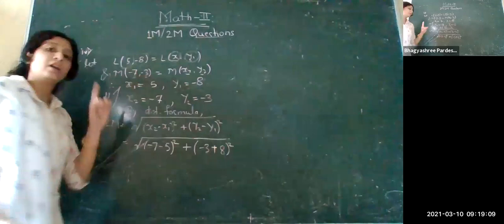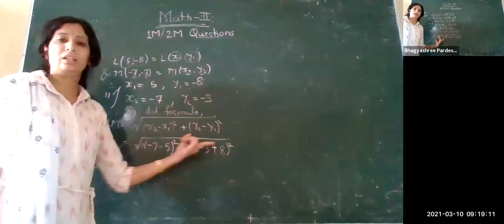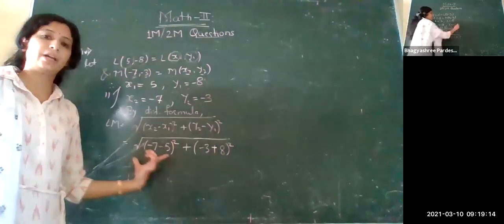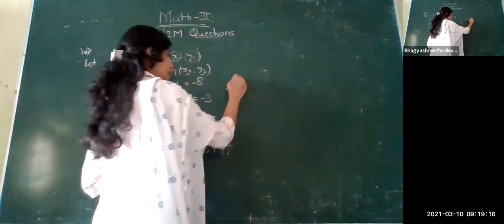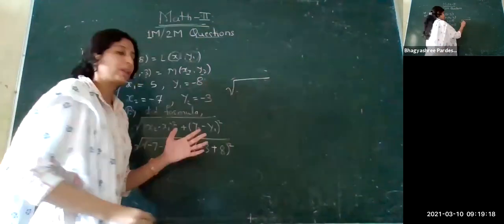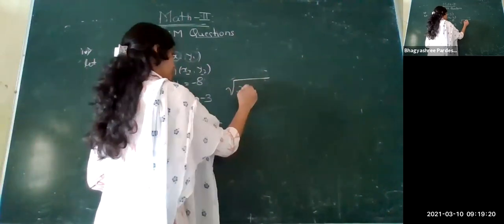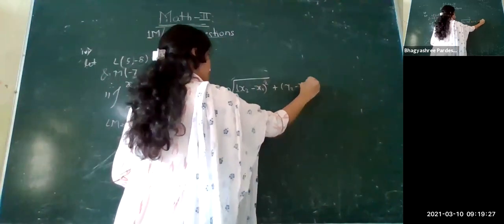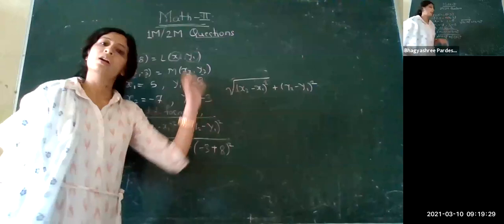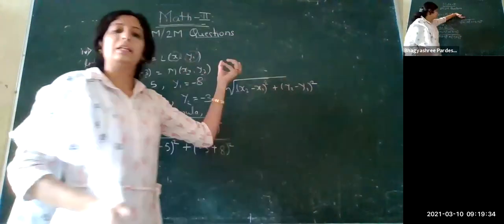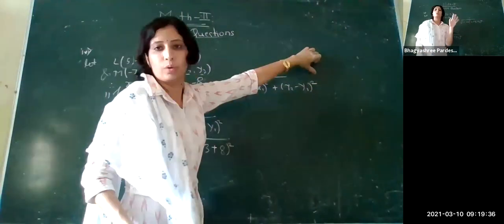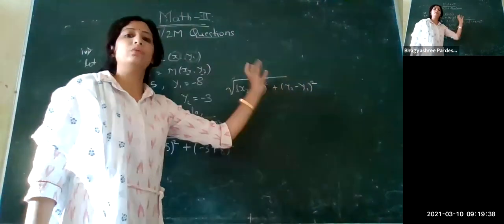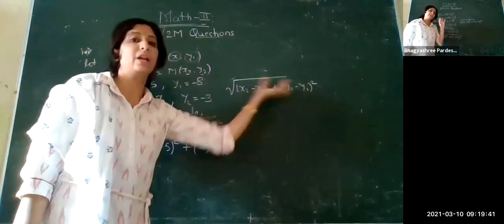Remember, students, one more thing: when you are writing this type of example inside the exam room, x2 minus x1 bracket square plus y2 minus y1 bracket square, most of the time, in a hurry, we don't extend the sign of square root up to the end. So the meaning of the formula changes here.